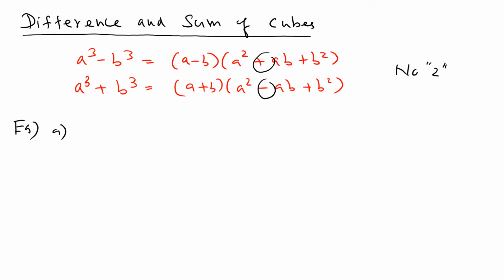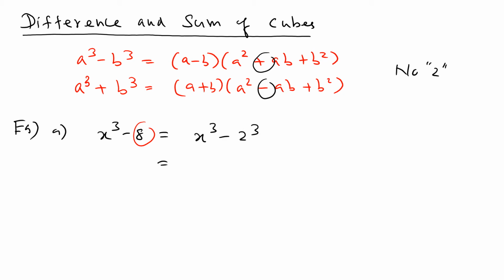So the first one is x cubed minus 8. You need a cube, but you know that 8 is 2 to the cube. So we can write this one as x cubed minus 2 cubed.